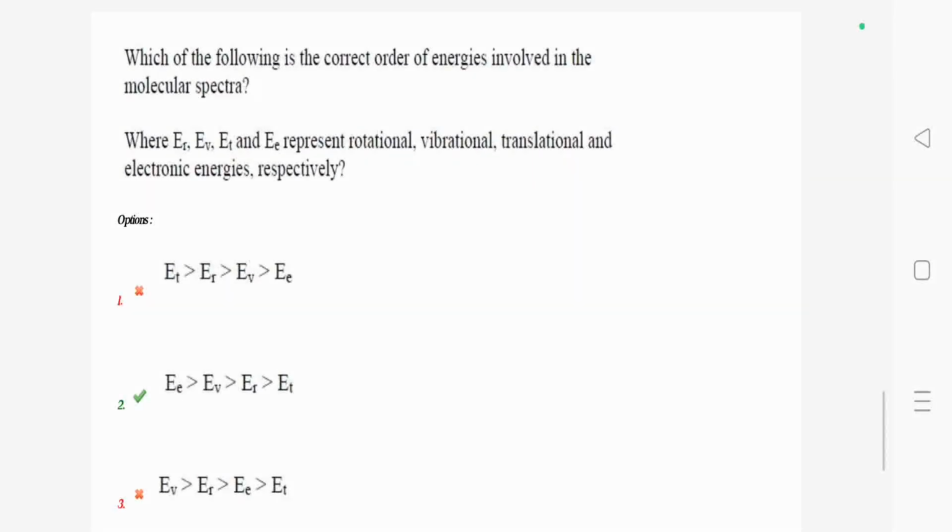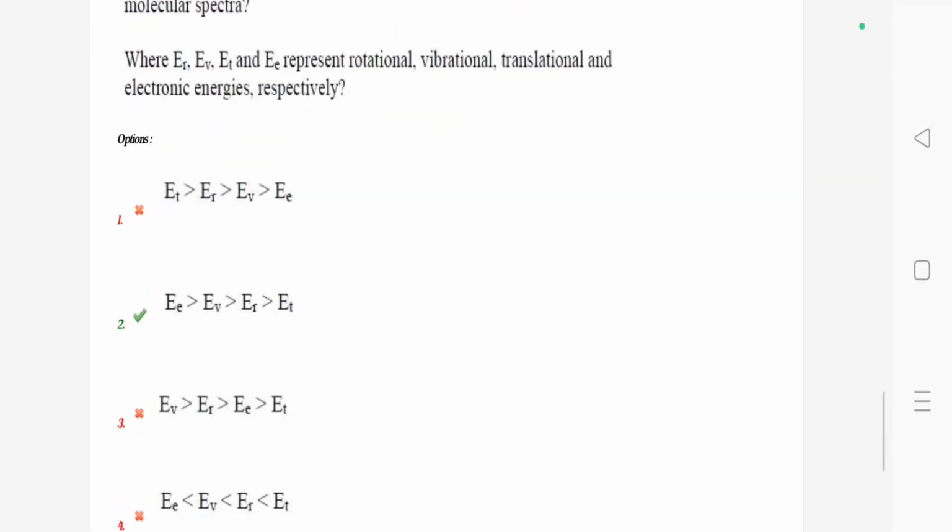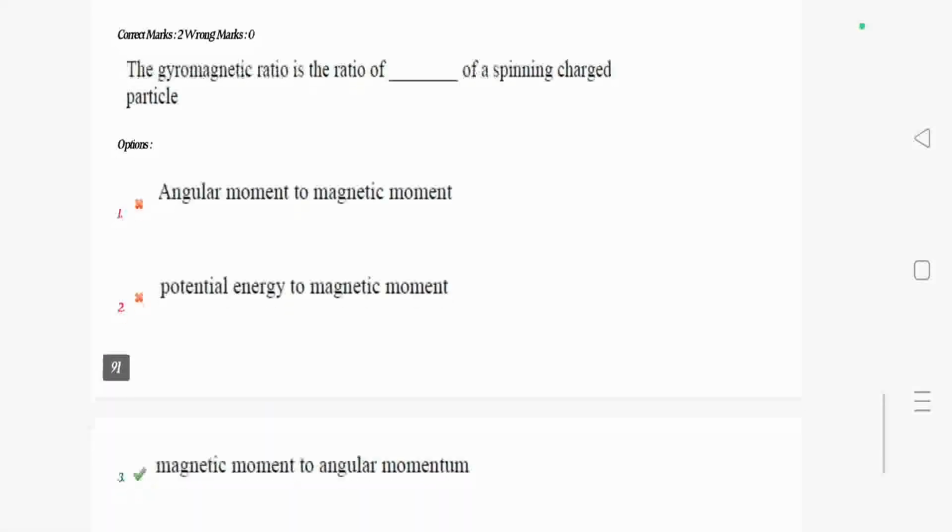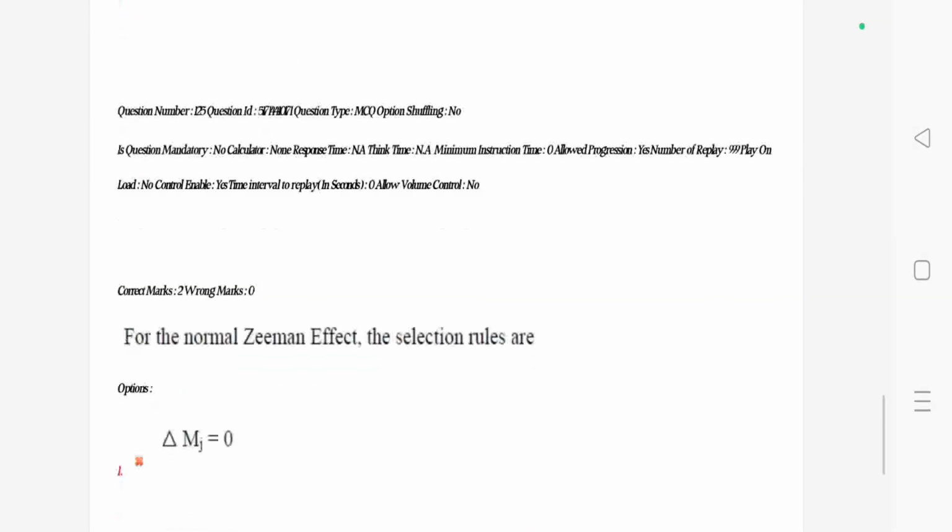Which of the following is the correct order of energies, where EE, ER, EV, ET are electronic, rotational, vibrational and translational energies? EE greater than EV greater than ER greater than ET. The gyromagnetic ratio is the ratio of magnetic moment to angular momentum of a spinning charged particle.